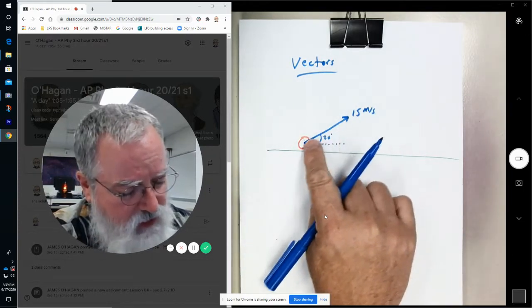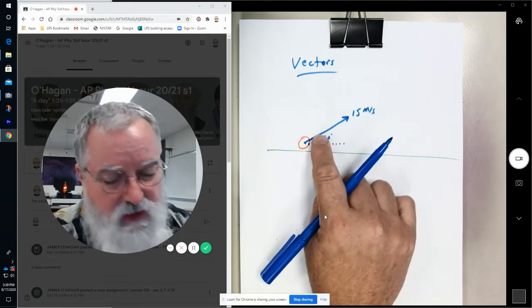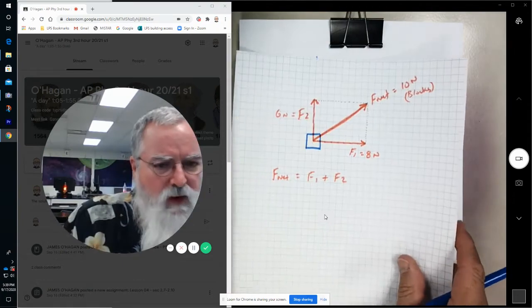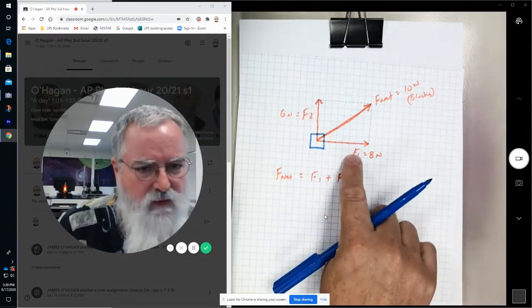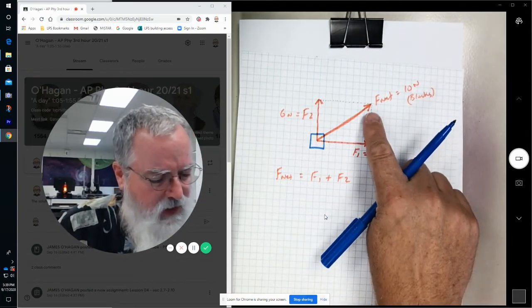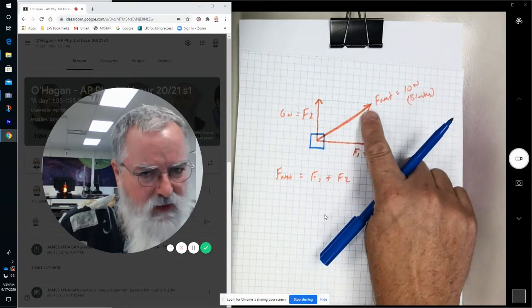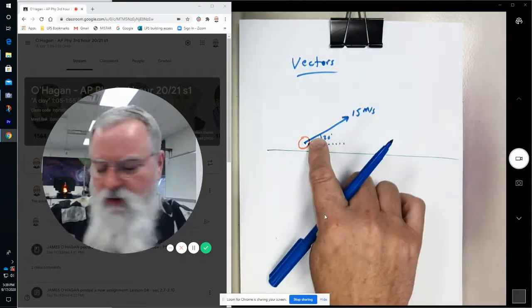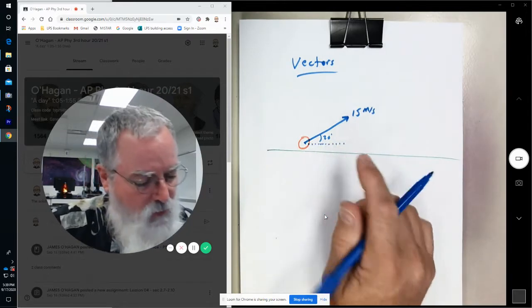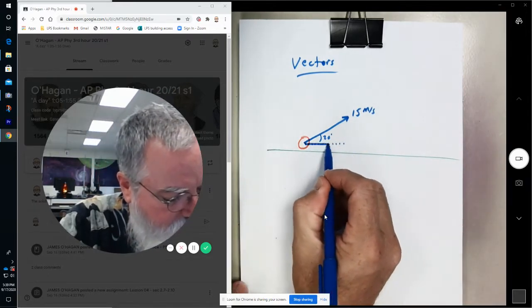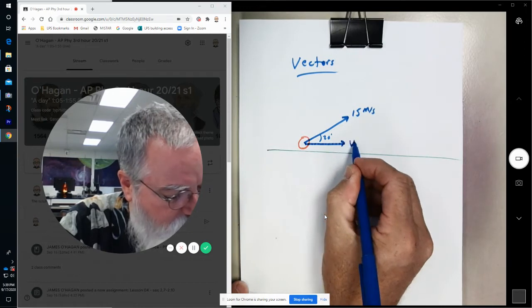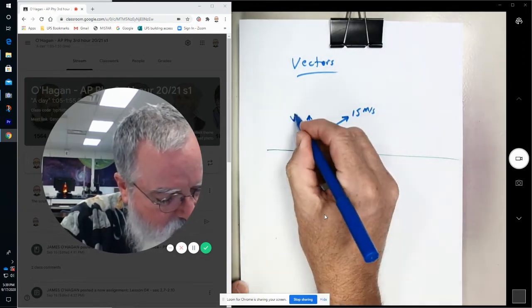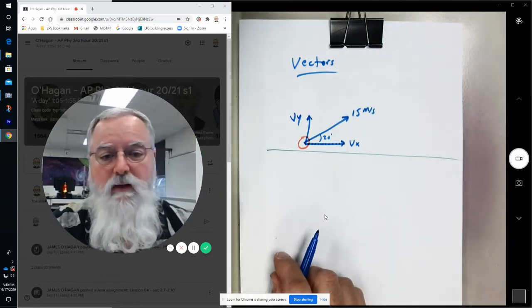So I'm going to take this vector, and back here, remember how we took these two vectors here, and we added them to get this diagonal one? Well, we're going to take the diagonal one, and we're going to undo it, and we're going to get this, which is velocity in the x, and this one, which is velocity in the y.